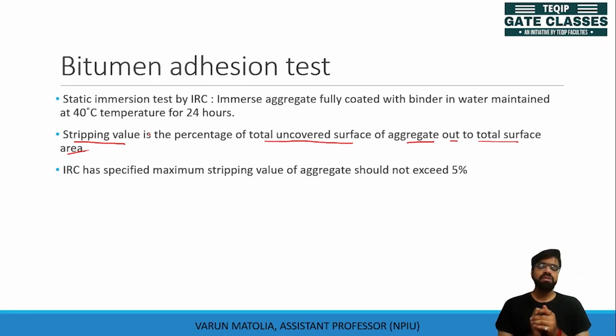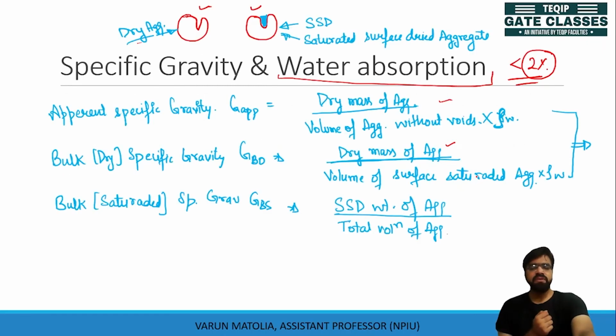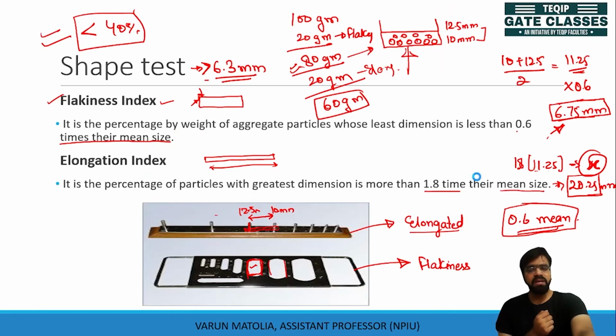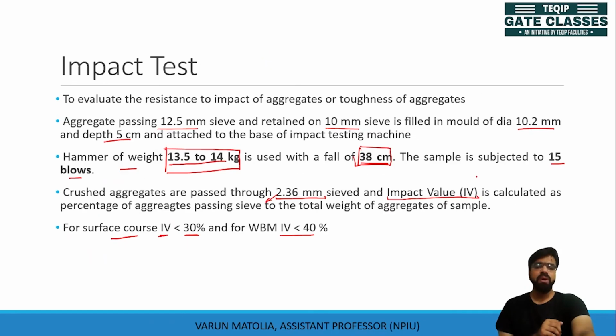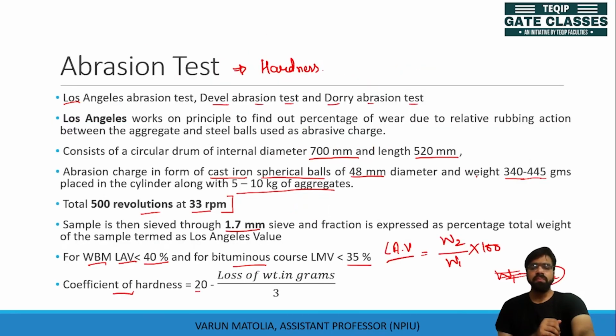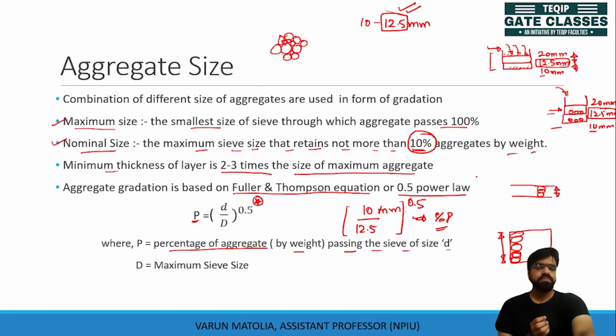If the stripping value is more than 5%, the aggregate is discarded. So these are the properties of the aggregate which are required for better pavement conditions.